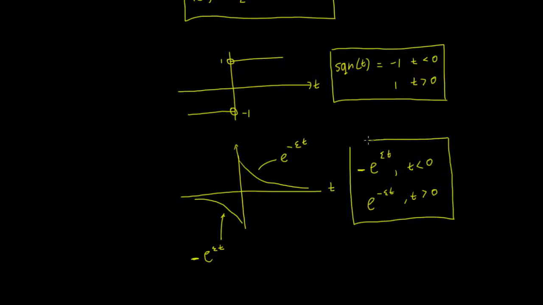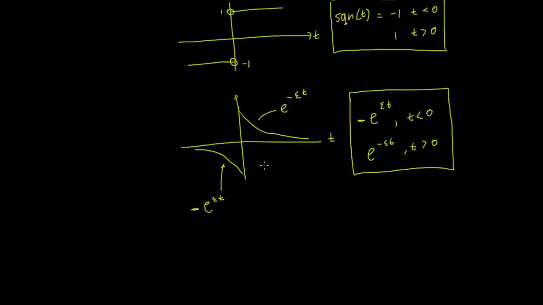Now the reason for defining that function is that we can integrate it, and that means we can find the Fourier transform of that function. But as we let epsilon tend towards infinity, so the limit as epsilon tends towards infinity of this function here, we'll call this function g of t, equals the signal function.